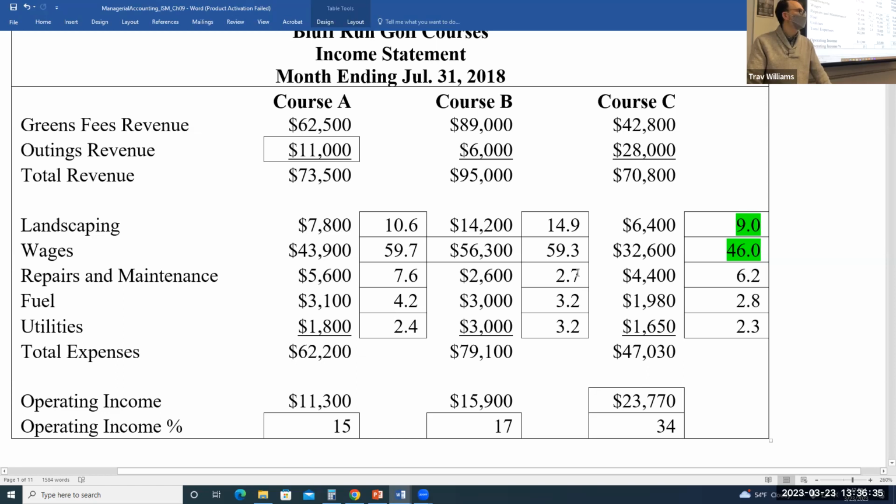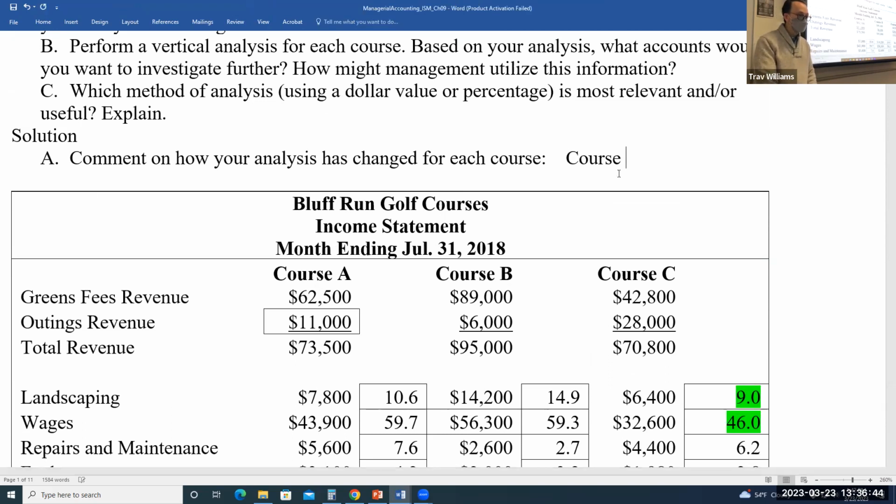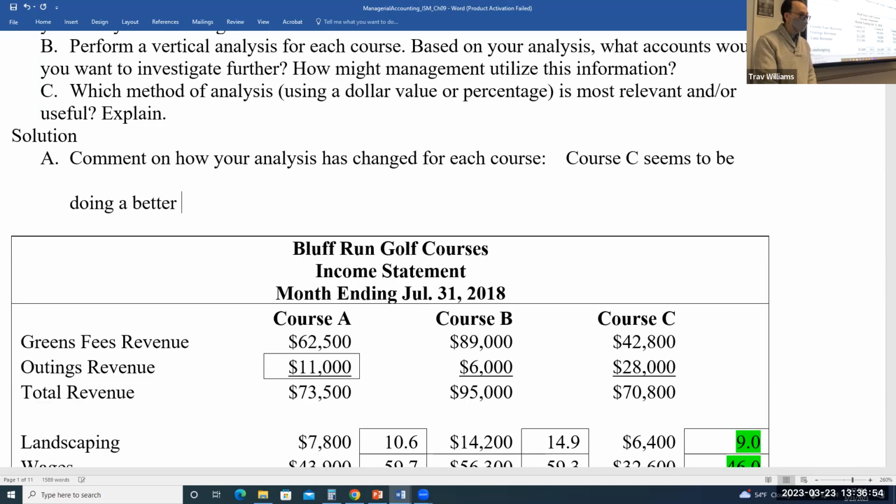That's something that wasn't as easy to see previously when we only had the dollar amounts. So I'll just go ahead and write that here. Course C seems to be doing a better job of managing its costs.